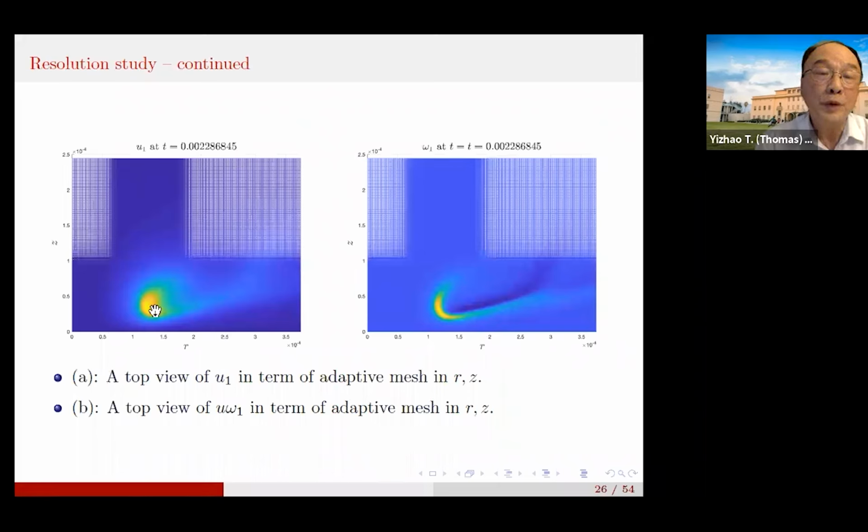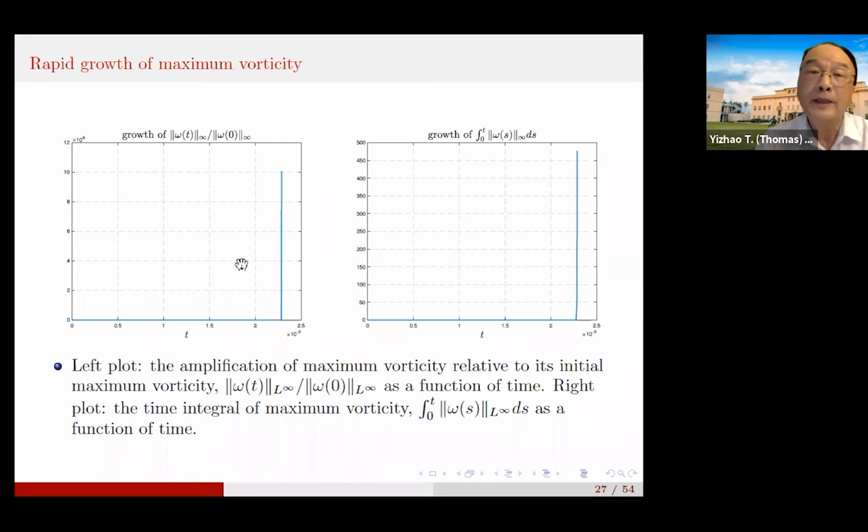Although the solution gets really very close to the origin, at 10 to the minus 4 in the R direction and 10 to the minus 5 in Z, you can see the mesh was designed in such a way that it covers the most singular region. And then when the solution becomes smooth, you get to use a coarser mesh.